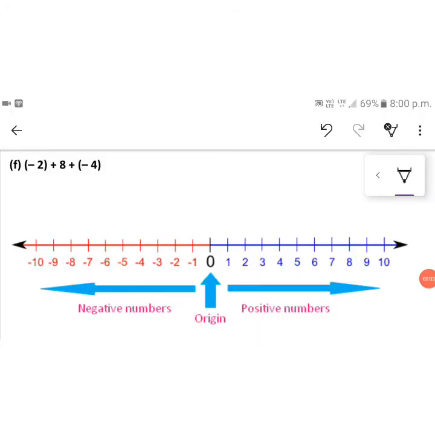F part, minus 2 plus 8 plus minus 4. First we move 2 steps to the left from 0. And then from this point we move 8 steps to the right. 1, 2, 3, 4, 5, 6, 7, 8.